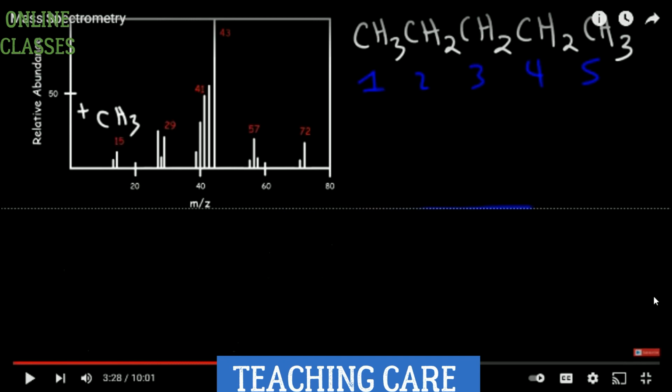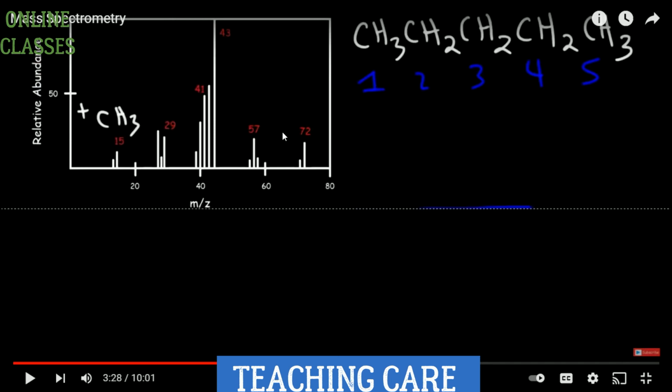It depends on which one you consider the cation. If you take CH3 as the cation, then it will correspond to the 15 one. They break into two parts, cation and anionic part. So it'll be either the first CH3 and the remaining, or the second CH3, CH2.